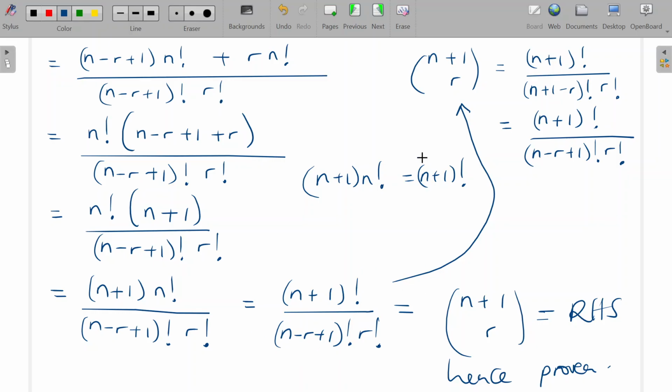Yes. Let us come back here where I'm positioning my cursor. When we were expanding this one, we said that we get what is on top, which is n plus 1 factorial over, we get what is on top and subtract what is at the bottom. So that's when we get this.